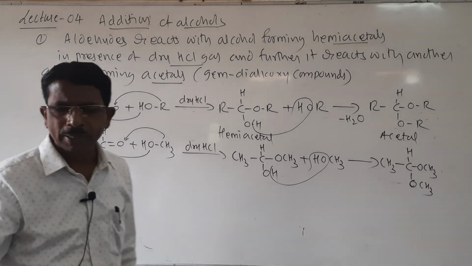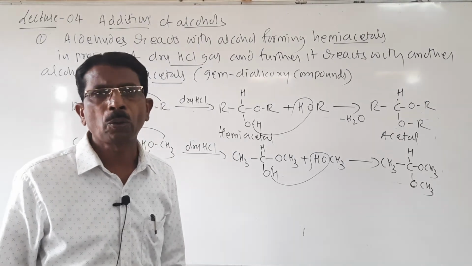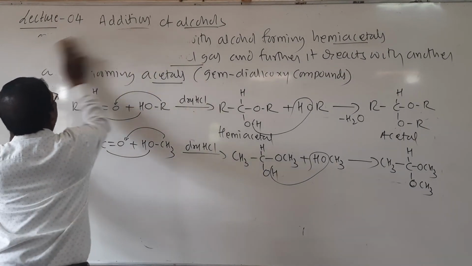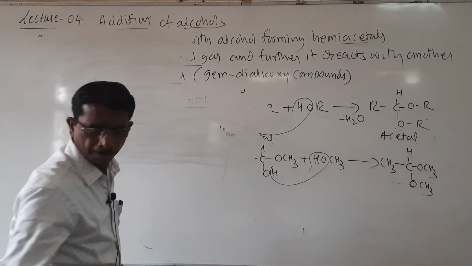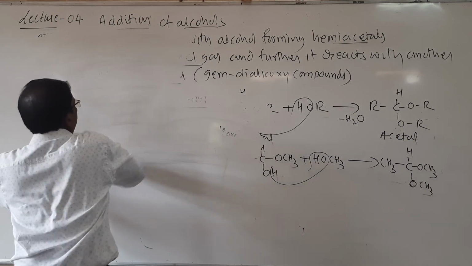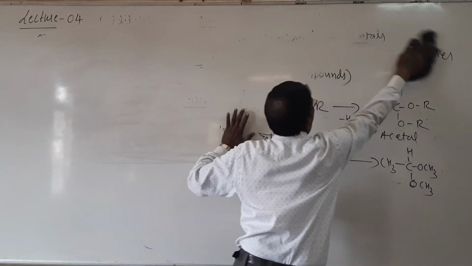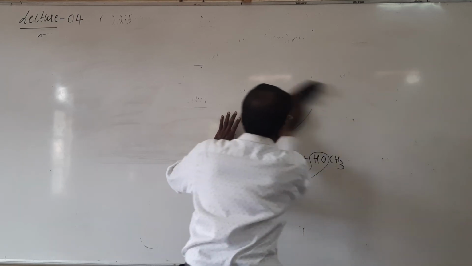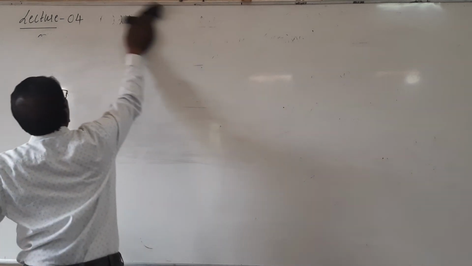Then students, what happens in case of ketones? So ketones react with dihydric alcohols. Let us see that example. Ketones react with dihydric alcohols.